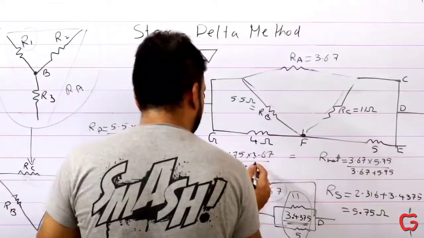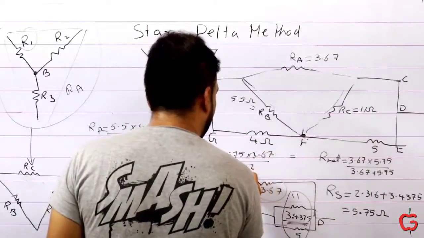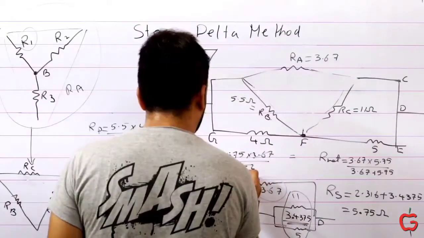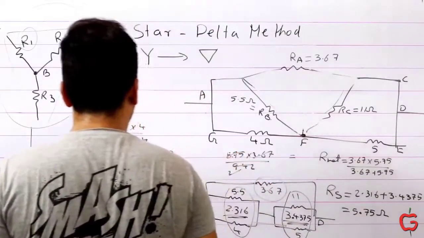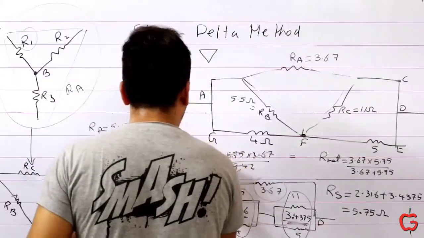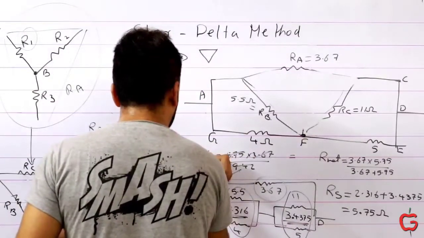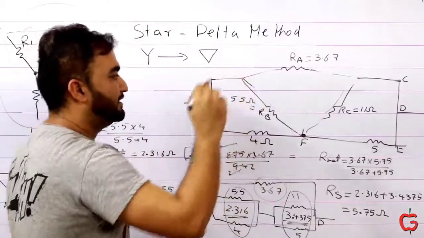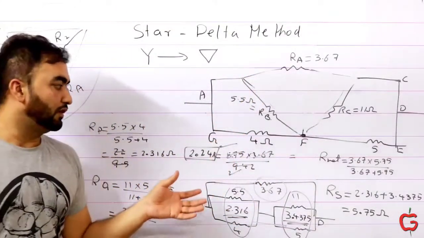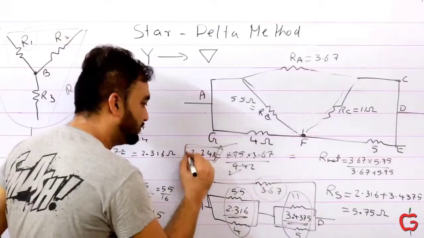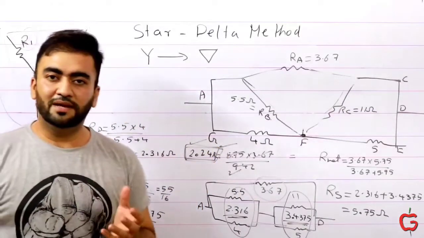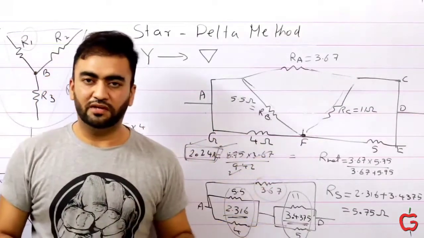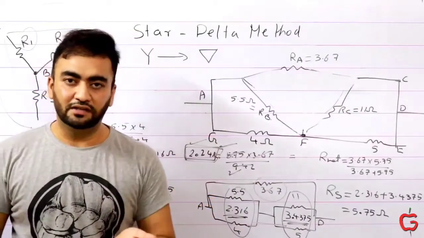So we cancel this, cancel this, and this comes out to be 2.24. So the net resistance for this circuit is 2.24. We came to this solution simply by transforming the circuit. This is way simpler than the Kirchhoff method.